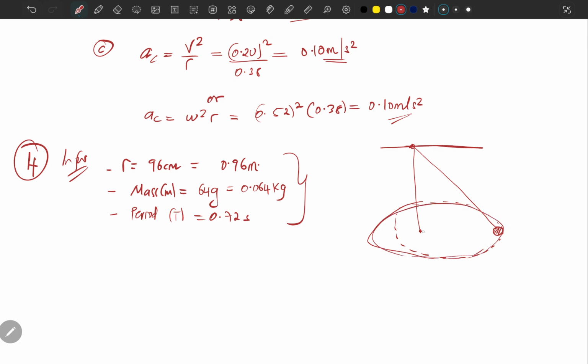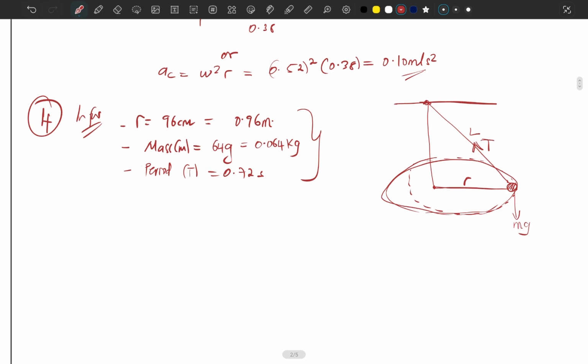From there to there is the radius they're talking about, which is just the length of the string. But in this string, there's tension. And the mass is always pointing down, this is just mg, the gravity on the mass that gives you the weight. So how exactly do we find the tension?